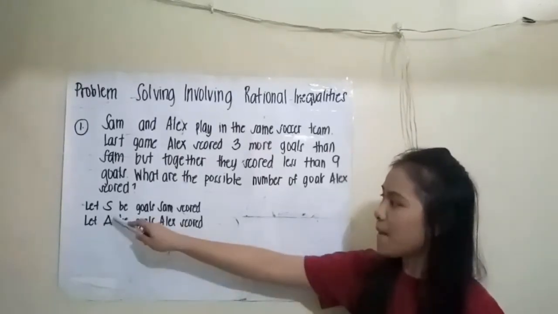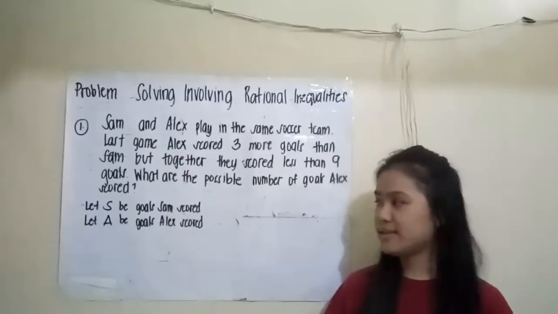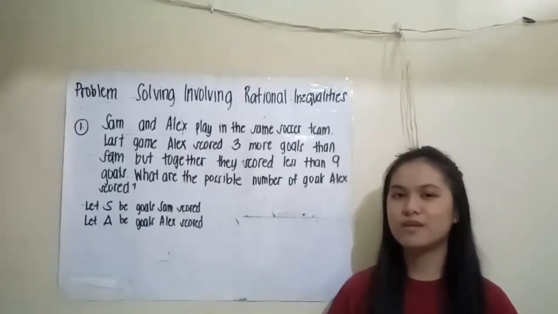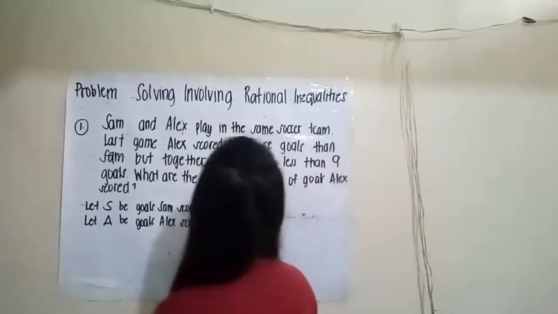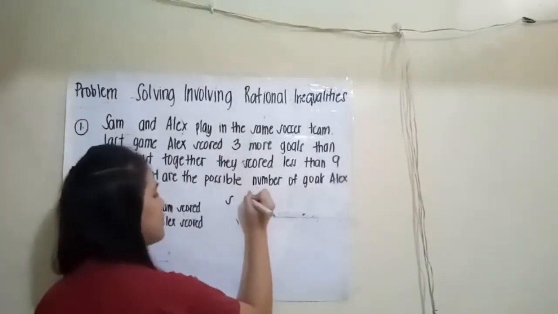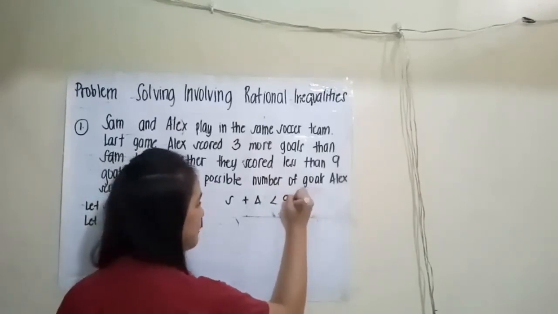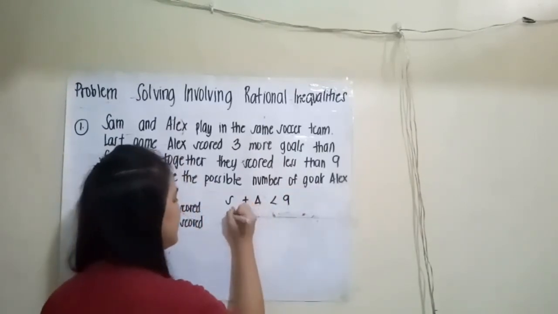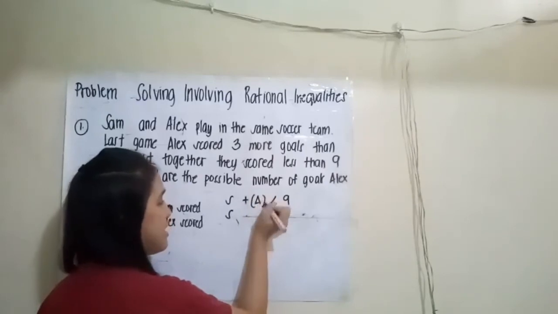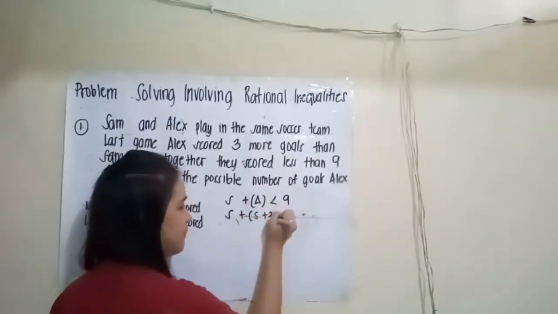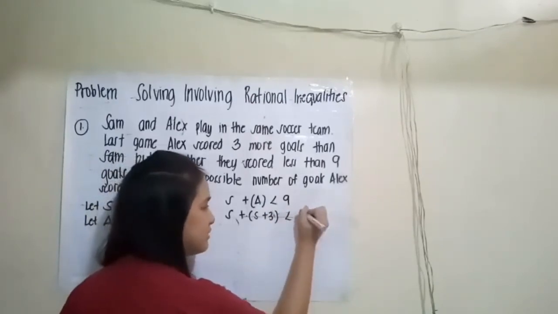So let S be goals Sam scored and let A be goals Alex scored. So our inequality will be S plus A less than 9.